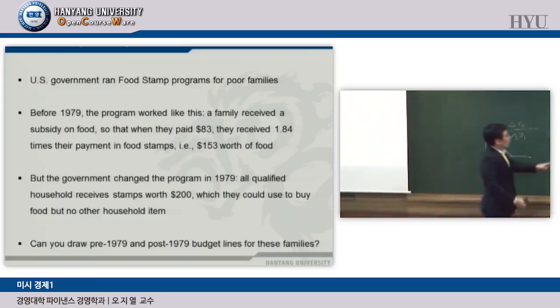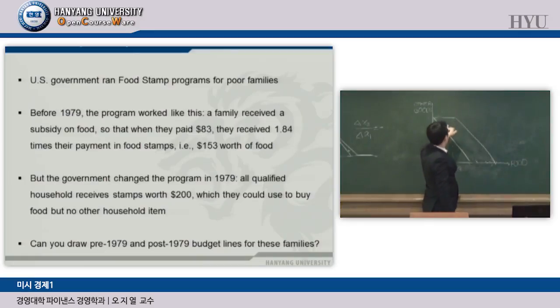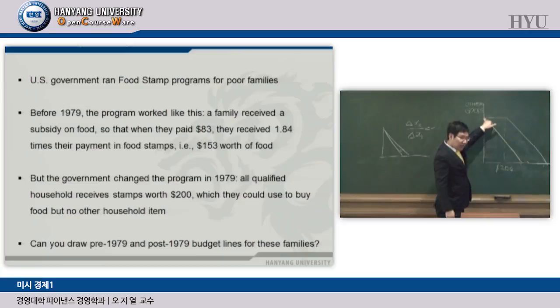So what this line represents is this. Even if you are consuming at the same level of other goods as before, here is the case where I'm on a diet and not eating any food.